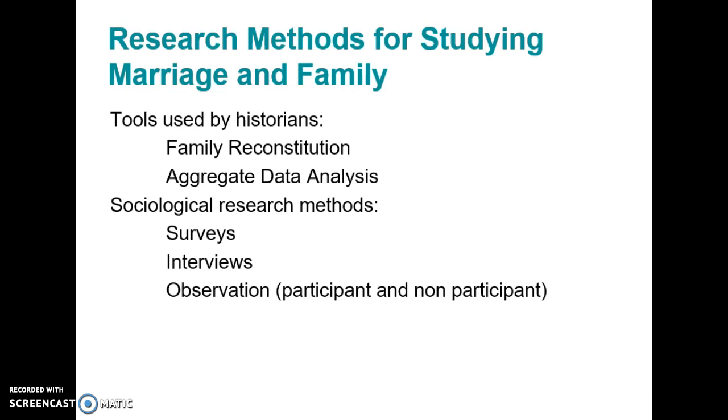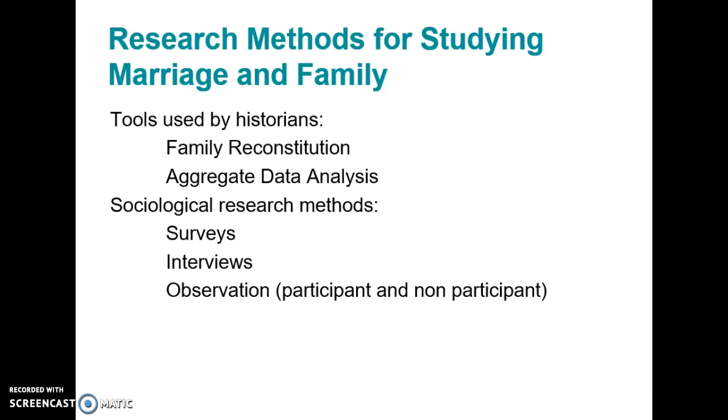Historians looking at changes in family forms, and I think sociologists could do this too, might look at how many children families had in 1900, say, compared to 2000, 100 years later. They might be able to see some trends by looking at these large data sets and not at individual people.